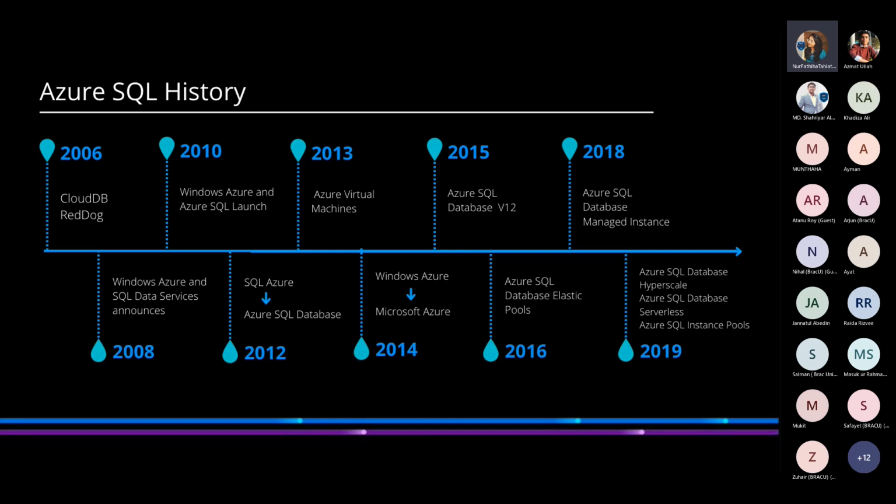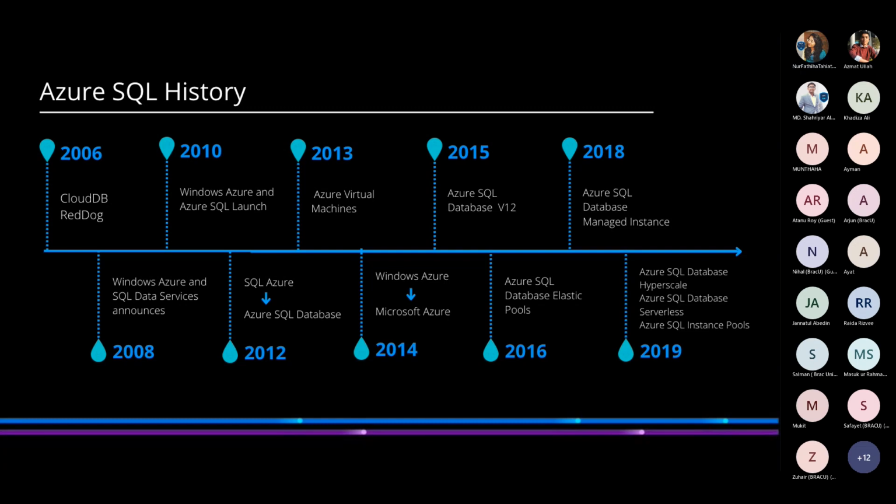After that, in 2012, we saw a brand name change. Throughout this whole evolution, it wasn't just about the technology or new features coming in, but sometimes it was just about a brand name change. In 2012, Azure SQL changed its name to Azure SQL Database, where how things work got a bit more specified.